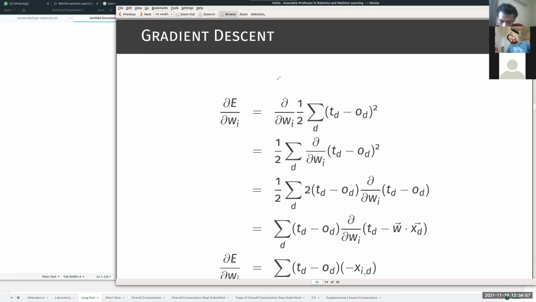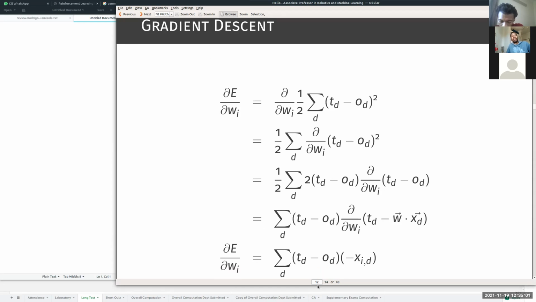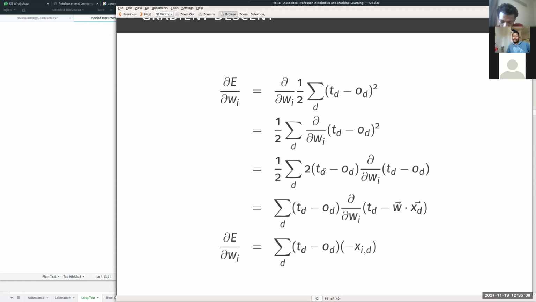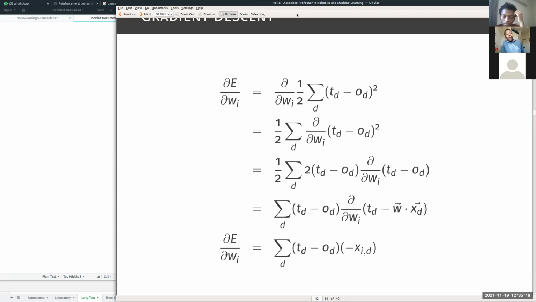Okay, here. So that is the case. I have shown this to you already. You take the partial of E with respect to Wi. The E is that part.